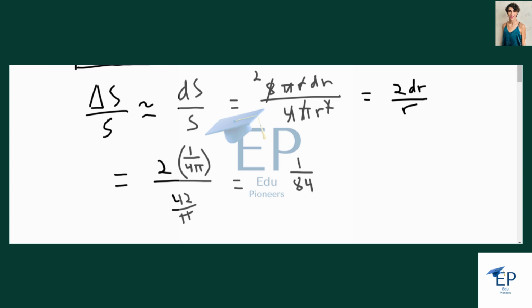And if you convert that into decimal, it is approximately 0.012. We can also write that as 1.2% error. So we can see here that if there is a possible error of 0.5 centimeters in the circumference of the sphere, then the relative error for the surface area would be 1.2%.